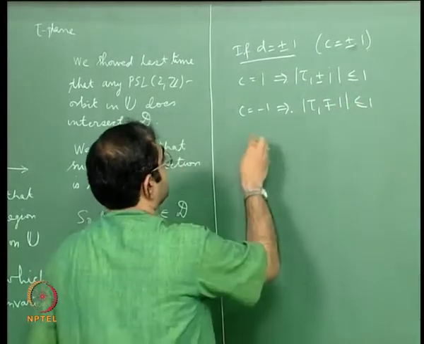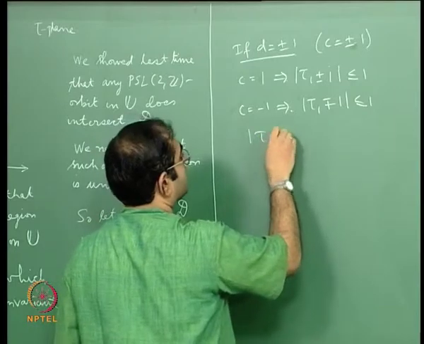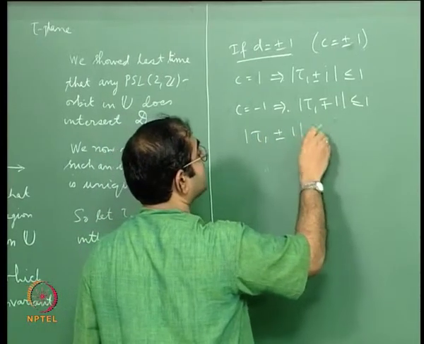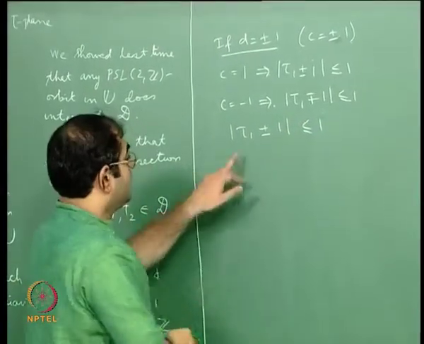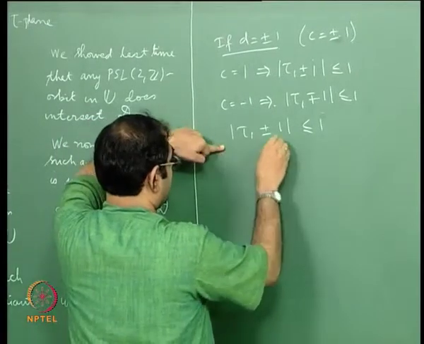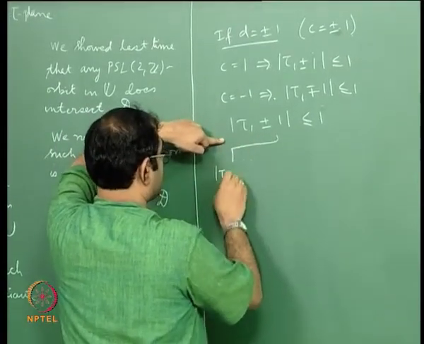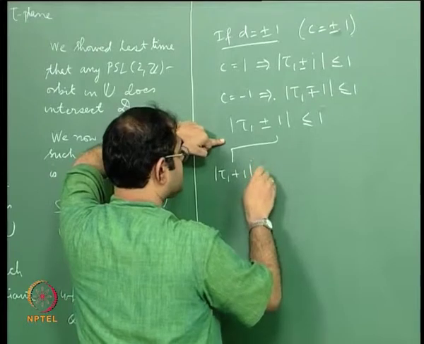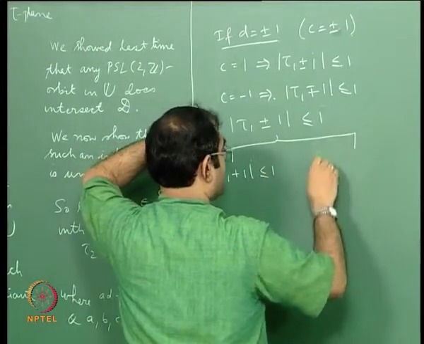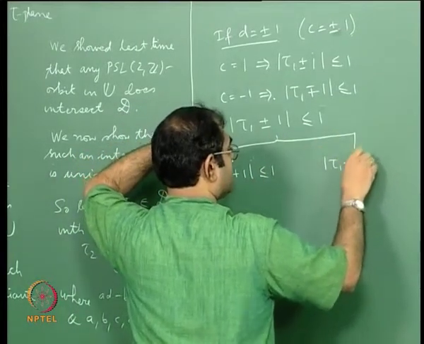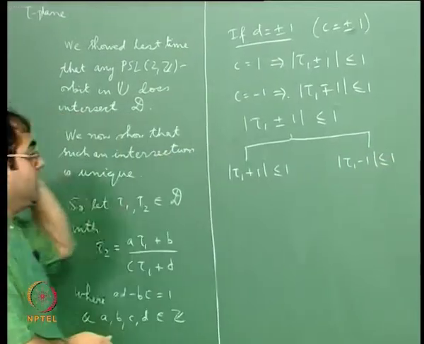So in any case the condition I have to look at is mod tau 1 plus or minus 1 is less than or equal to 1. So you look at two possibilities, mod tau 1 plus 1 is less than or equal to 1 and mod tau 1 minus 1 is less than or equal to 1.